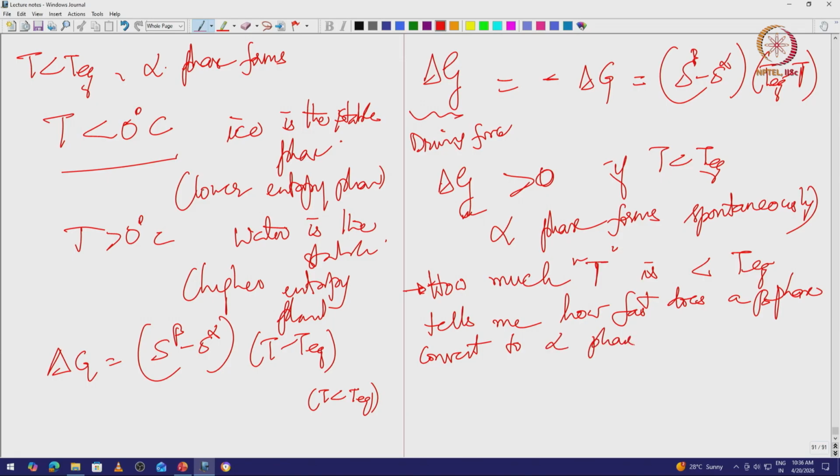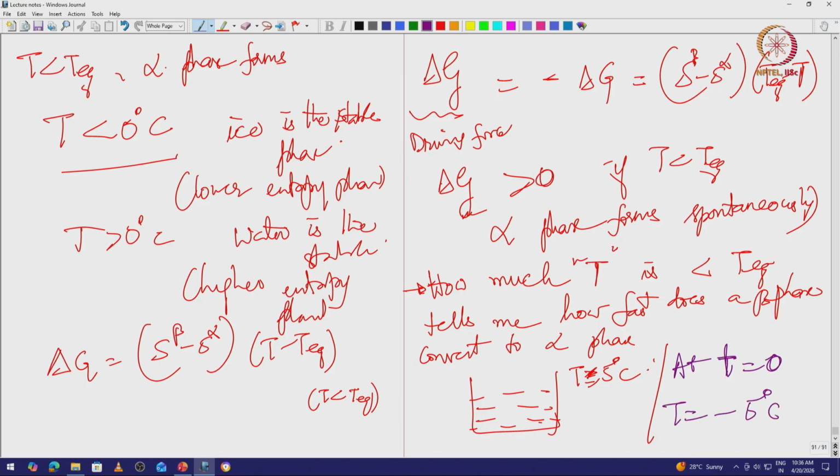And now it is easy to give you an example. I have water in a container. This water to start with is at some temperature, say 5 degrees Celsius. Now at time t equal to 0, the temperature is set to minus 5 degrees Celsius.